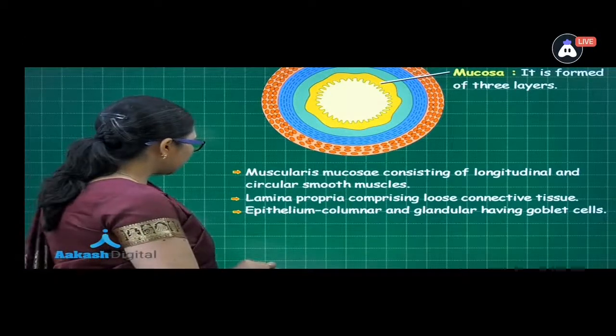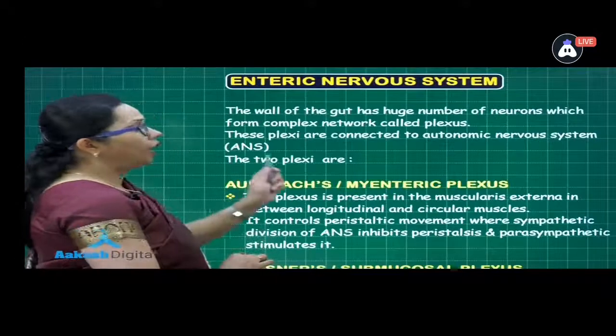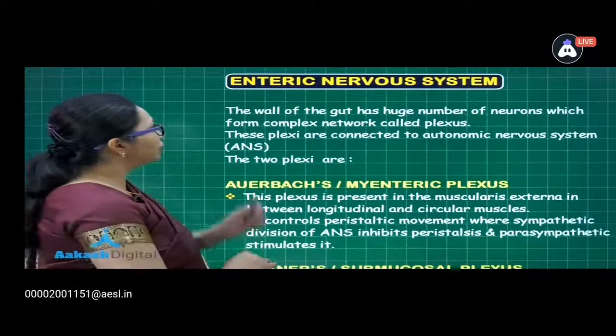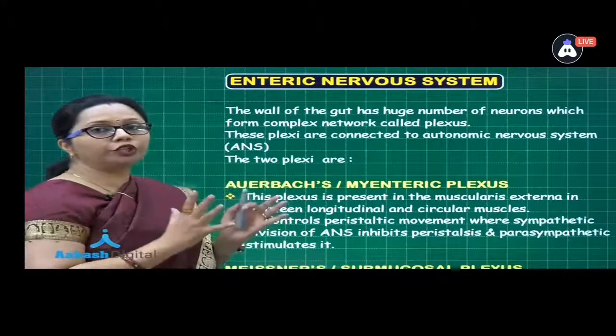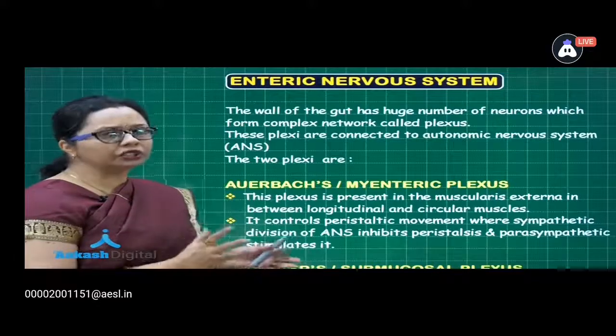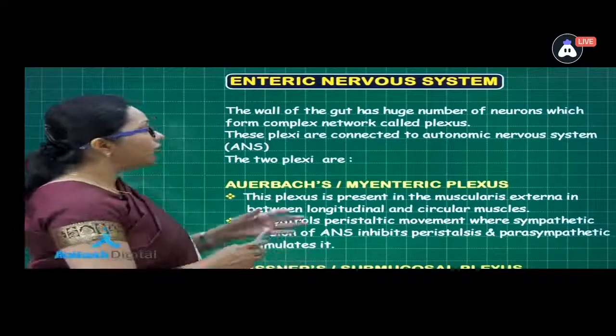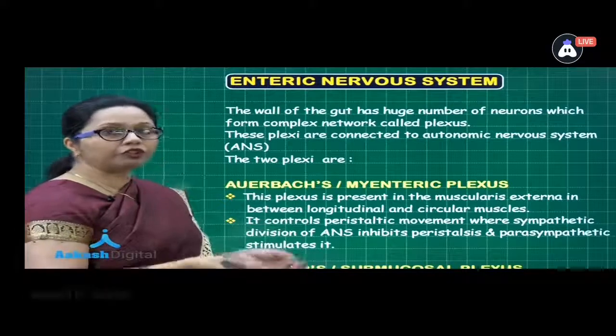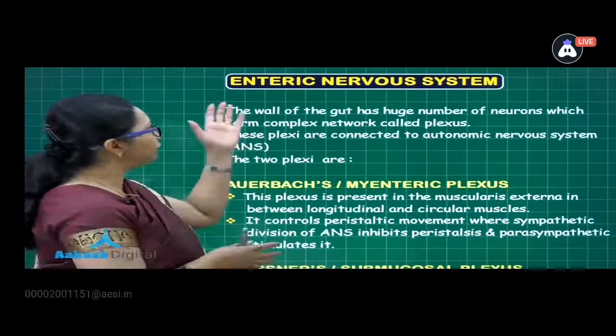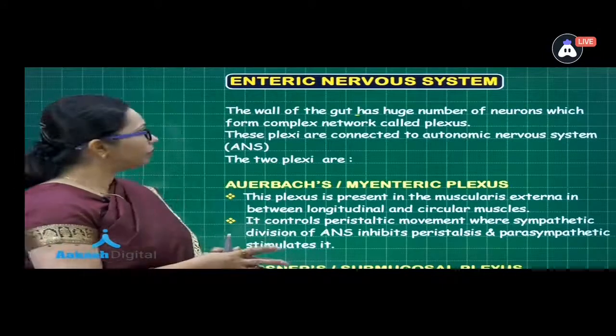Now let us see this nervous structure which is present. Enteron is a word used for the intestine or the gastrointestinal tract, and this entire nervous system associated with our GIT has been named the enteric nervous system.